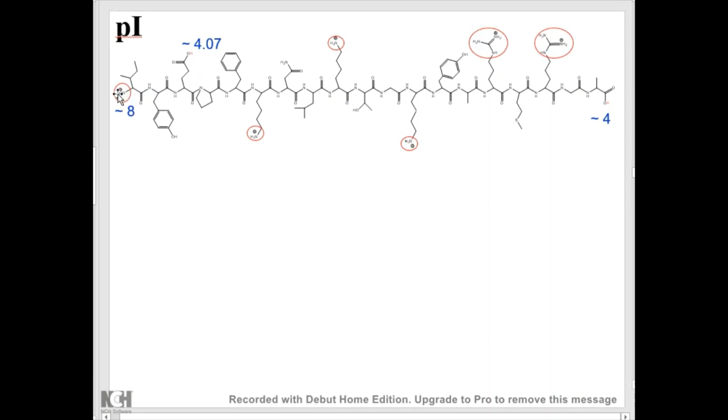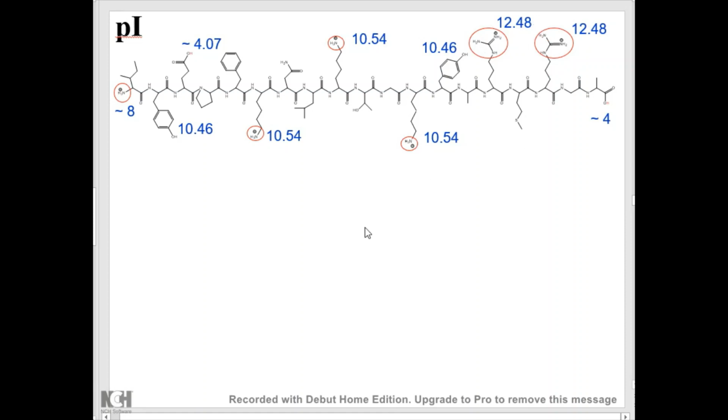For example, the amino group has pKa 8, and tyrosine has pKa 10.46. This is taken from the table for amino acids, and the epsilon amino group of lysine has pKa 10.54. So I have 3 of them, and the last pKa appears for arginine, 12.48.